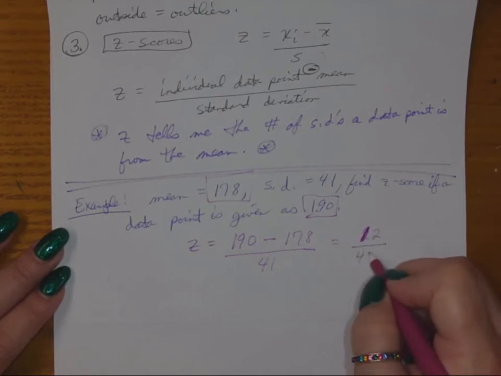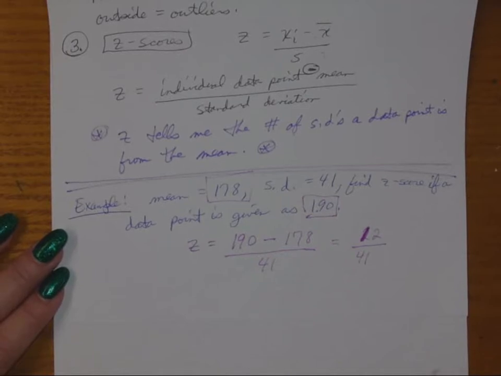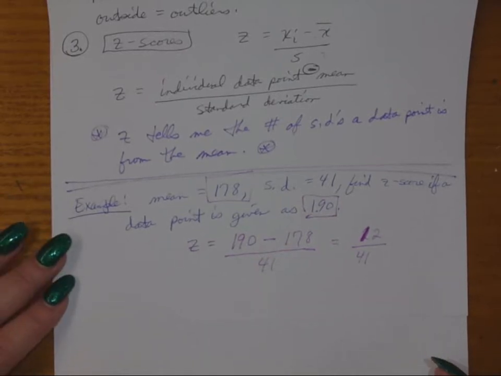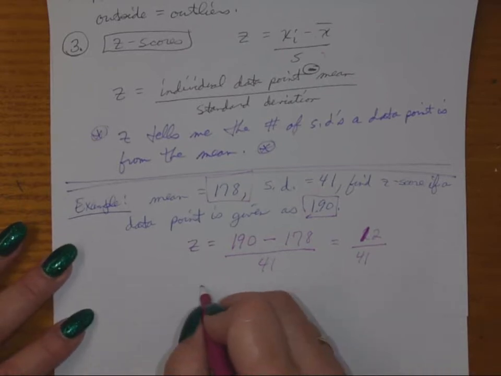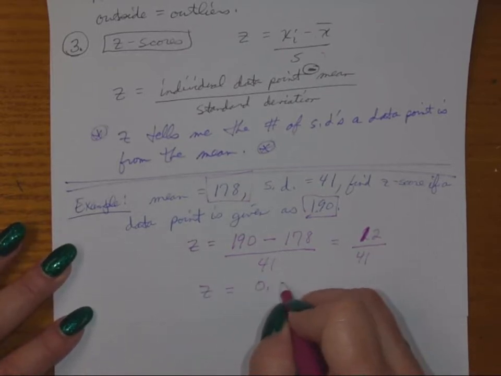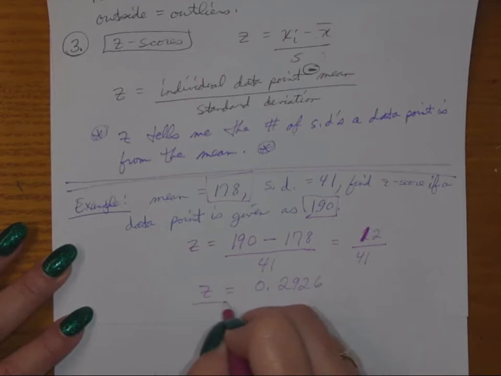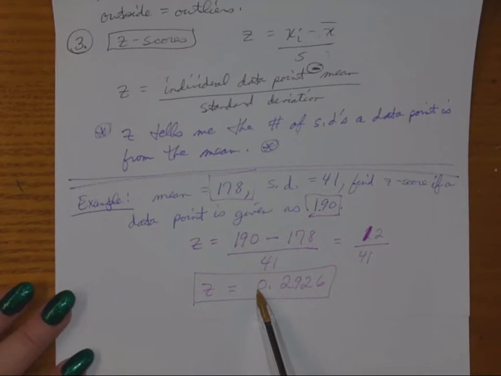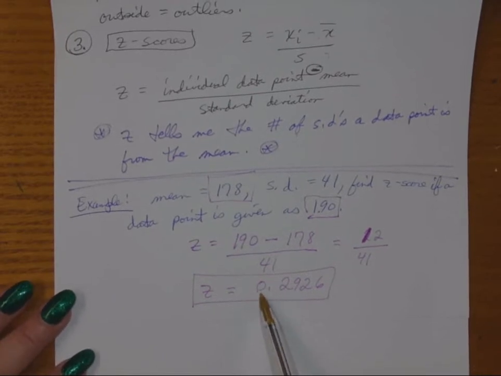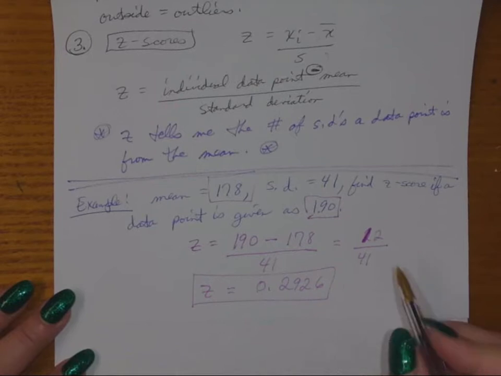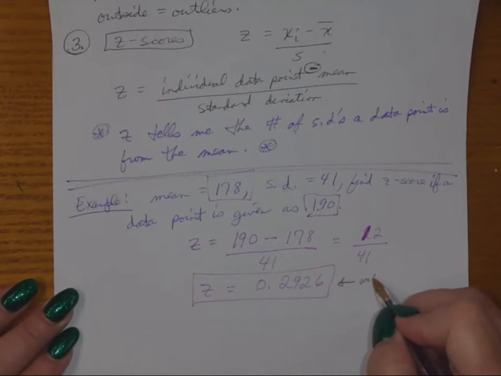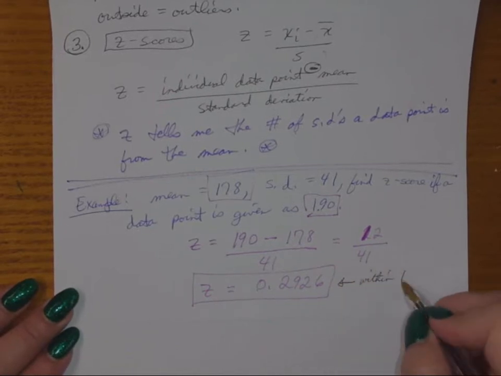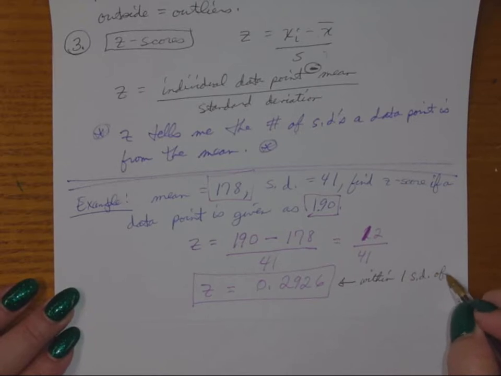So it's 12 divided by 41. The nice thing is that we know this isn't bigger than 2 because 12 is smaller and it's on the top. That gives me a z of 0.2926. What does this tell me? It's definitely not bigger than 2, so it's definitely not an outlier, but think a little bit more. This is 0.2, which means it's within 1 standard deviation of the mean.